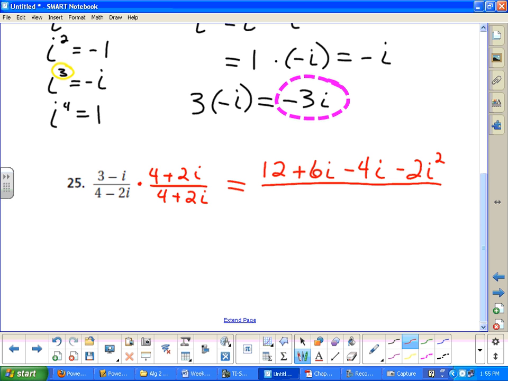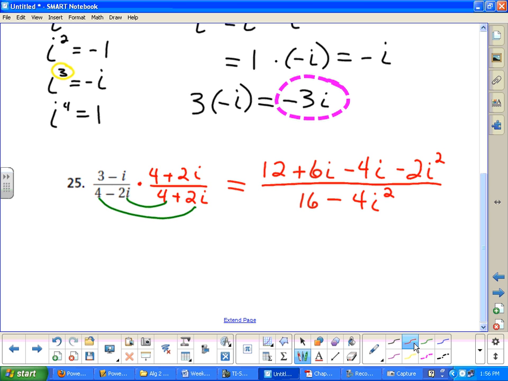In the denominator, because we're multiplying by the conjugate, there's no middle term, and it's just going to be a number. 4 times 4 is 16. And negative 2i times 2i is negative 4i squared. Because if we did the middle terms, we'd get a positive 8i and a negative 8i, which is 0.